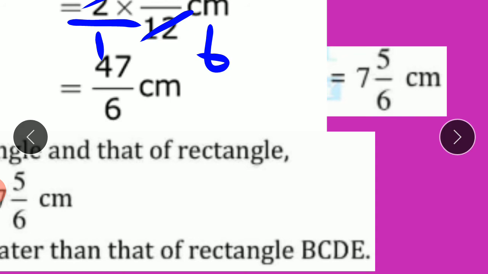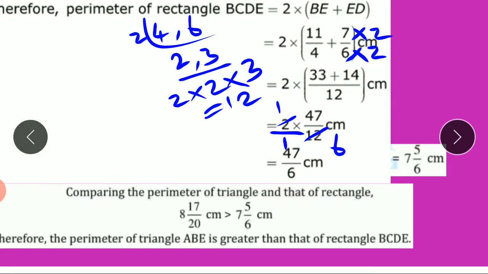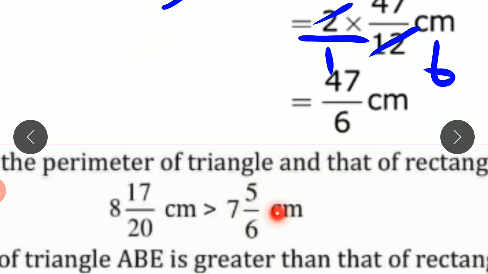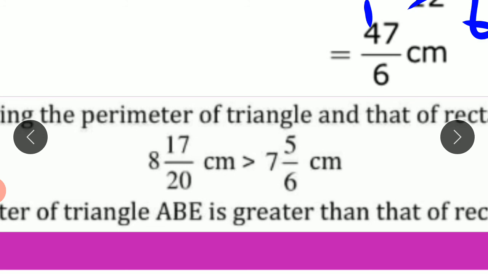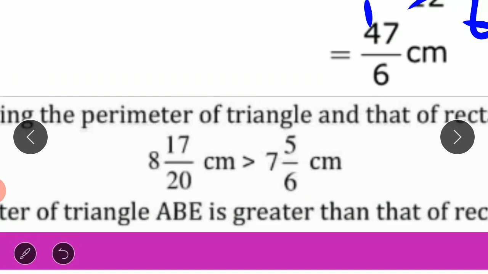What is the question? We have to find the perimeter of the triangle ABE and the perimeter of the rectangle BCDE. Then which perimeter is greater? We have to compare the perimeters, and we changed both into mixed form. This is the perimeter of the triangle and this is the perimeter of the rectangle. Children, when you compare, it is very easy if it is given in mixed numbers, because we compare the whole numbers.